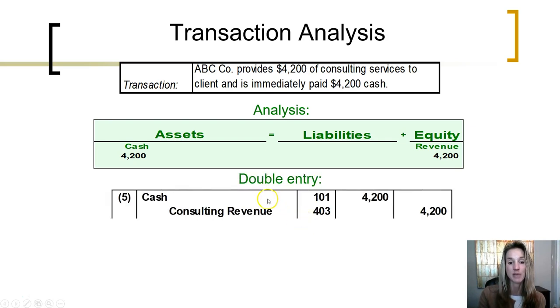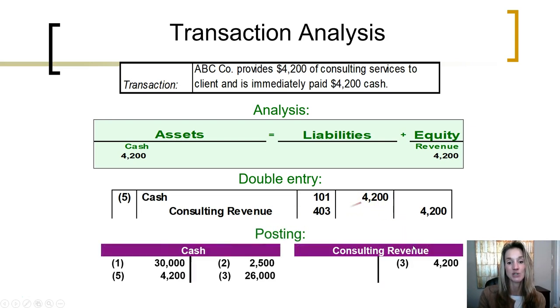We are going to debit cash to increase it, and to record an increase to a revenue account, we credit it. Debits first, then credits, at least one account debited, at least one account credited. Debits equal credits. Those are then posted to the general ledger, causing the account balances to change, and the post-reference account numbers are brought back to the general journal.